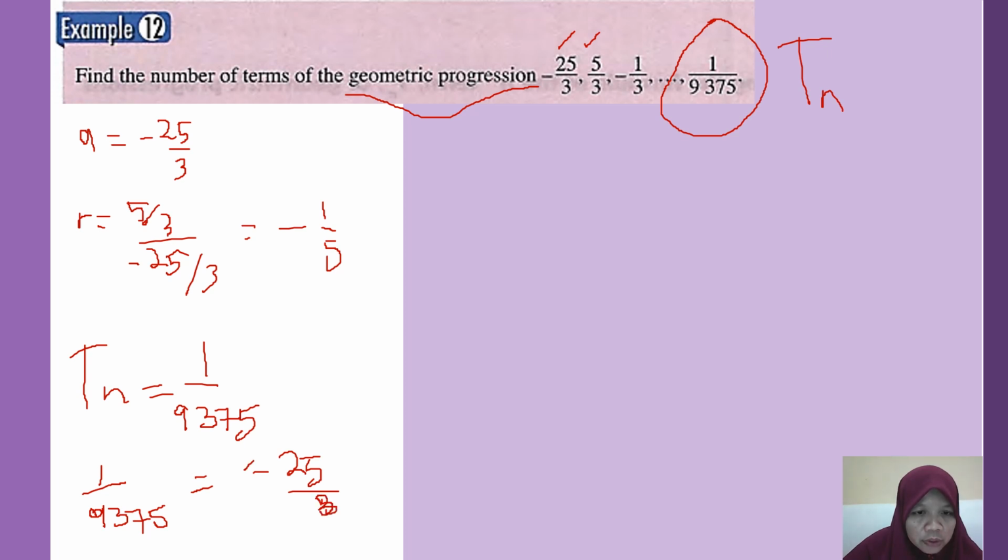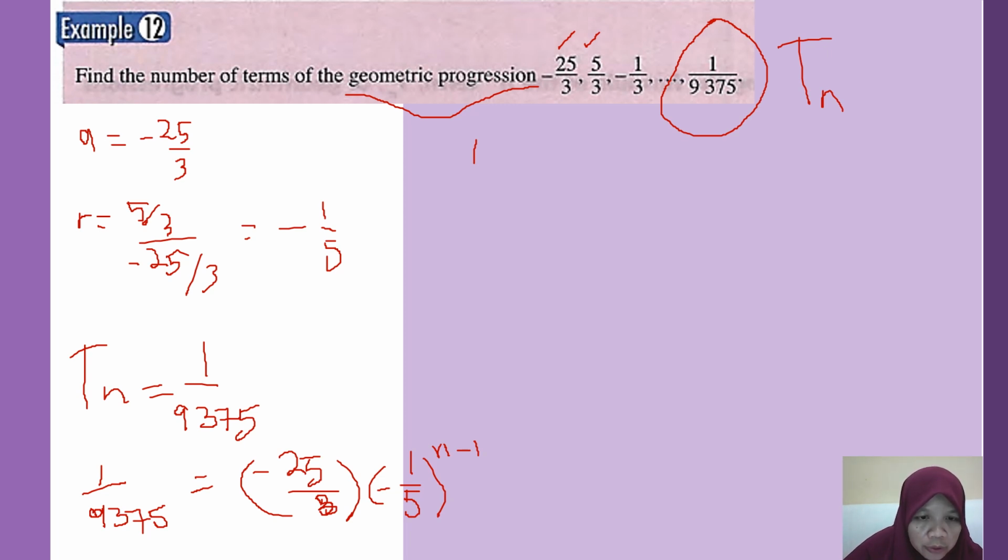Over 3. This is A times R, where R is negative 1 over 5, to the power of n minus 1. Then I continue on this side.